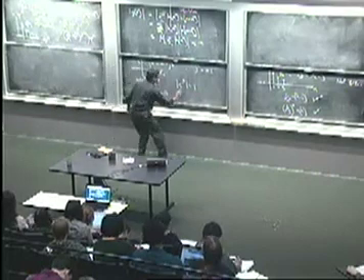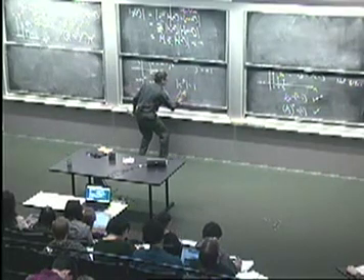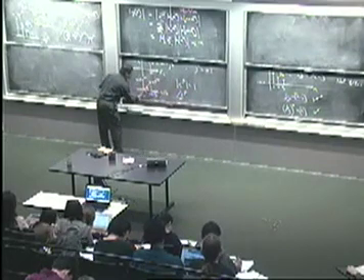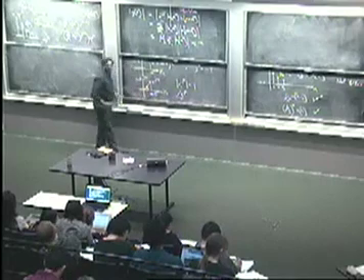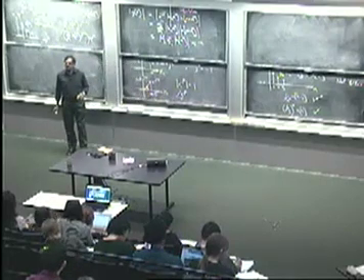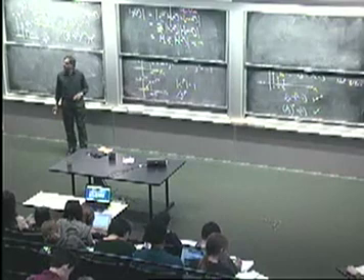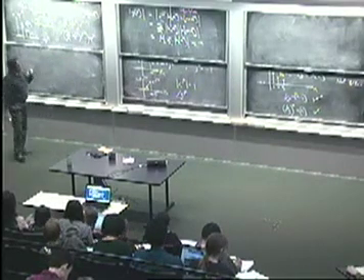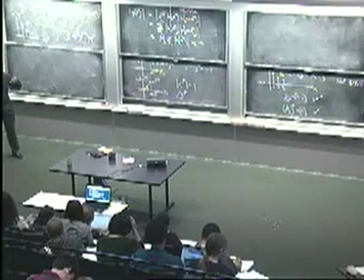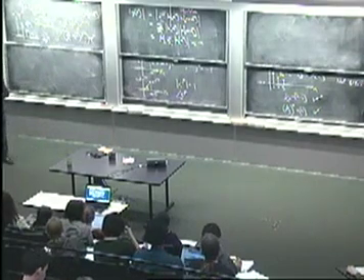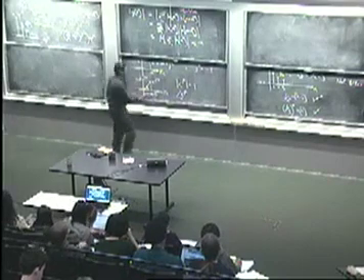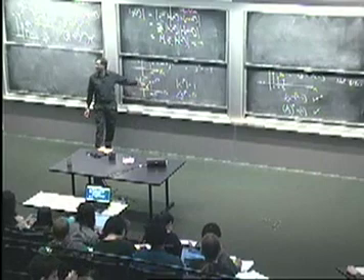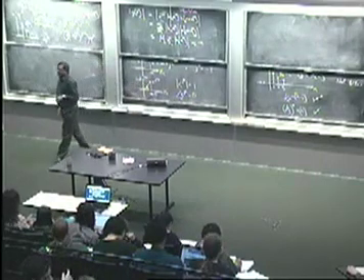And the angle of e to the j theta, the angle of a complex number, is just the angle from the real axis up to this vector. So the angle is... I'm hearing more complicated answers than I expected. Theta, right? You're right. It's arctan of sine theta over cos theta, which is theta, right?